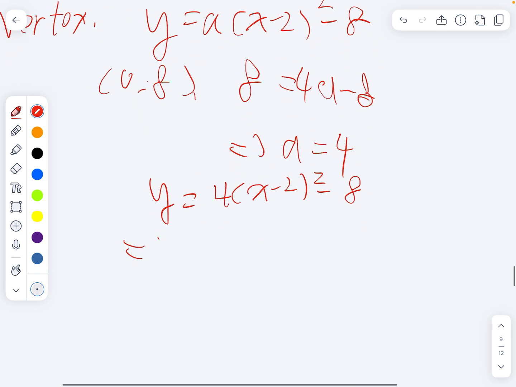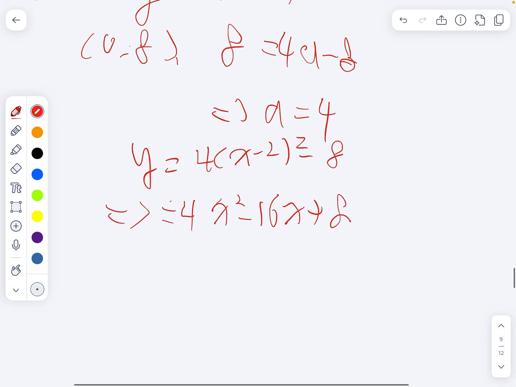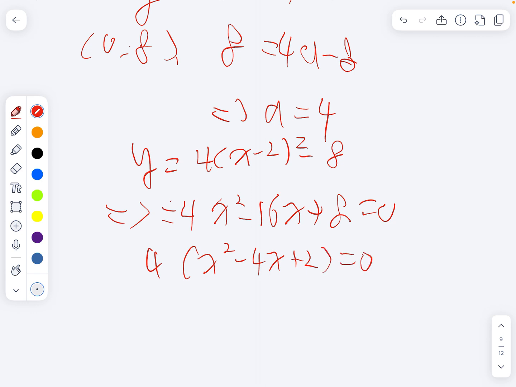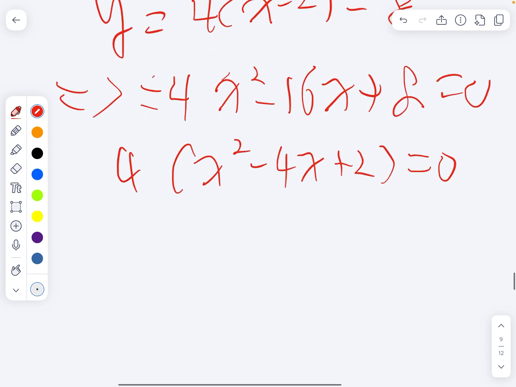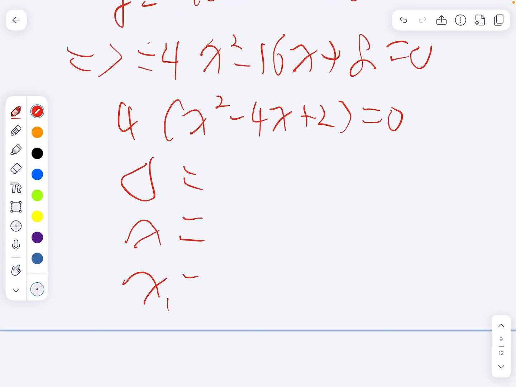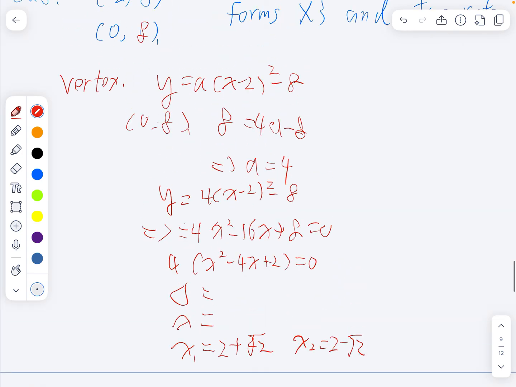So we can finally expand it to get 4x squared minus 6x plus 8. Just to solve this equation for 4. Now we can calculate the discriminant and calculate x. So we can get the final answer: x1 equal to 2 plus root 2 and x2 equal to 2 minus root 2. Okay. So that's the end of this section.